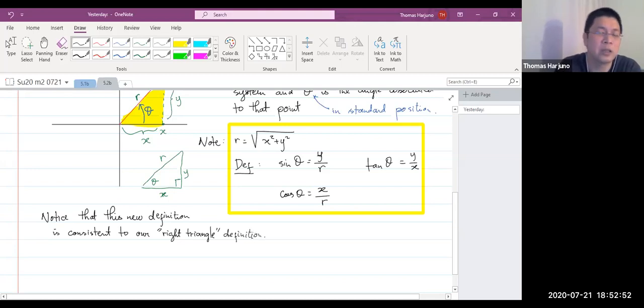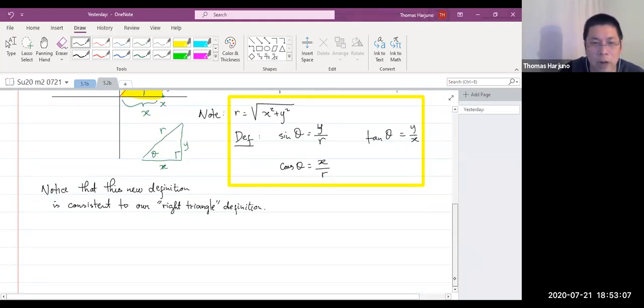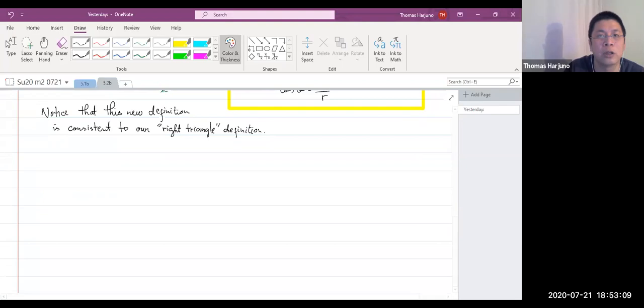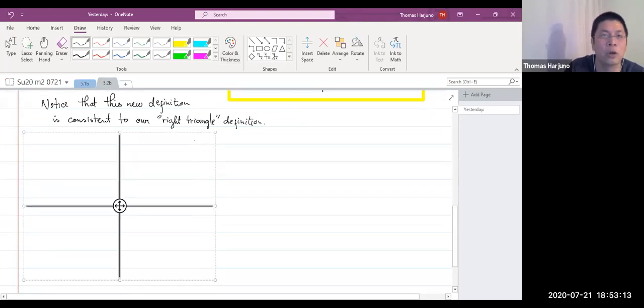So what I'm saying is we have a new definition right now, but we are not replacing it, we are actually extending it. The definition we had yesterday applies only for right triangles. Right now, you will see that we don't need a right triangle. You can pick any point on the coordinate system.